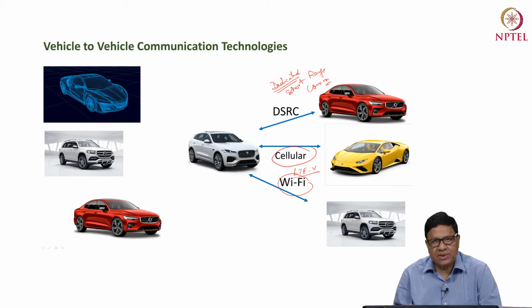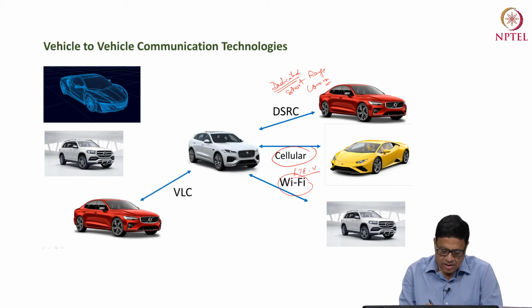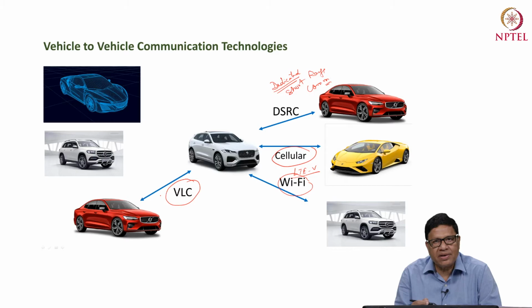Wi-Fi was considered one of the solutions for vehicle to vehicle, but there are issues related to Wi-Fi. The one which we are going to explore is a visible light communication system using the headlamp of the automobile or the vehicle, which will communicate with the other vehicle where you have the receiver, or the tail light could be a transmitter which will communicate with the other vehicle.